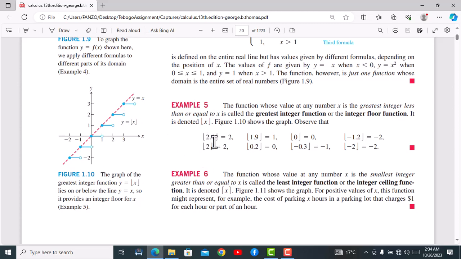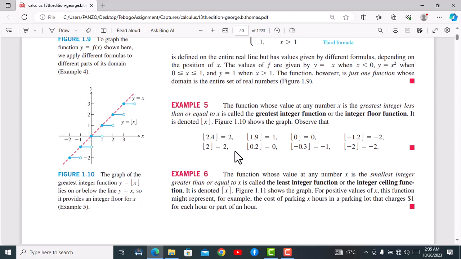So we have 2.4 and we get 2. We have 1.9 and we get 1. So this value of 2.4, and then we are getting 2, 1.9, and then we are getting 1.